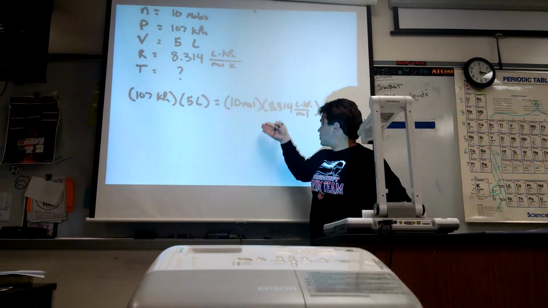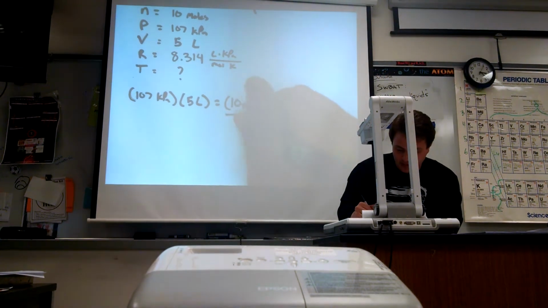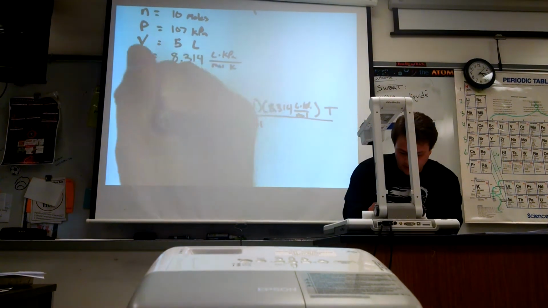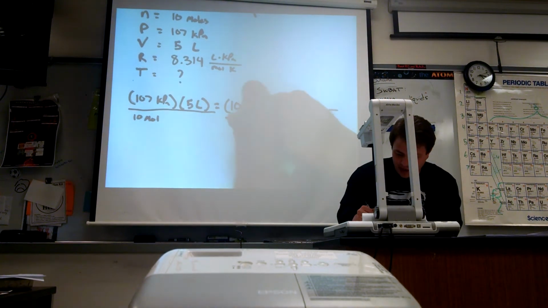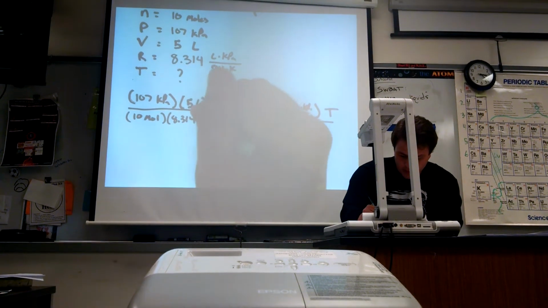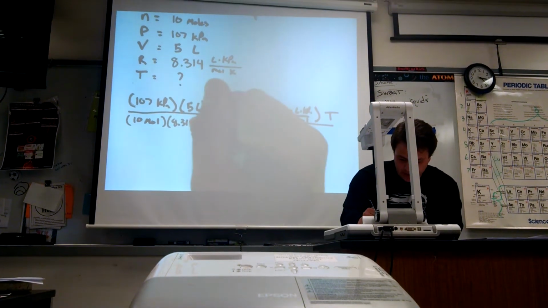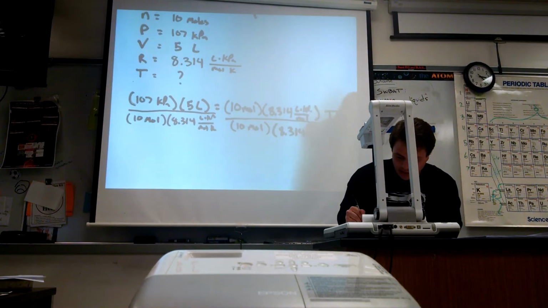So divide this one and this one, and you've got to do the same thing to both sides. So if we divide this side by 10 moles, we have to divide this side by 10 moles. We also want to divide by 8.314 liters, kilopascals, moles, Kelvin. I'm not going to write all of it out on this one.